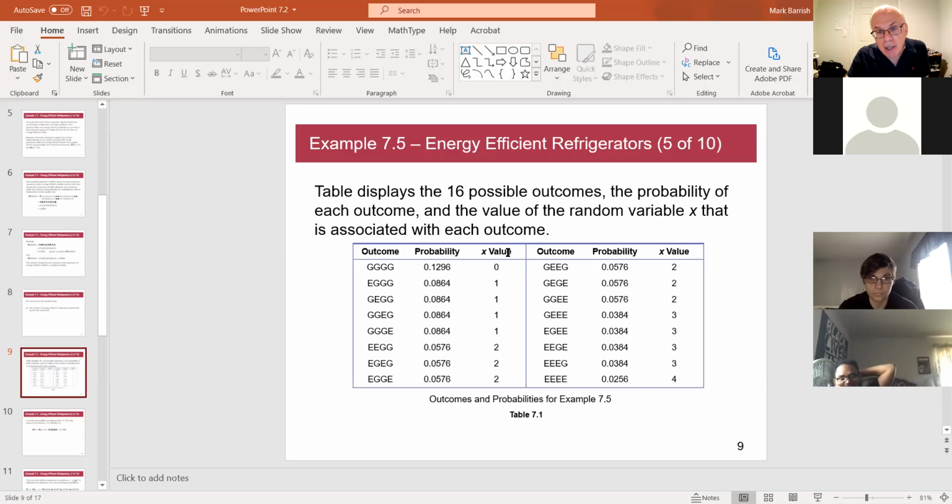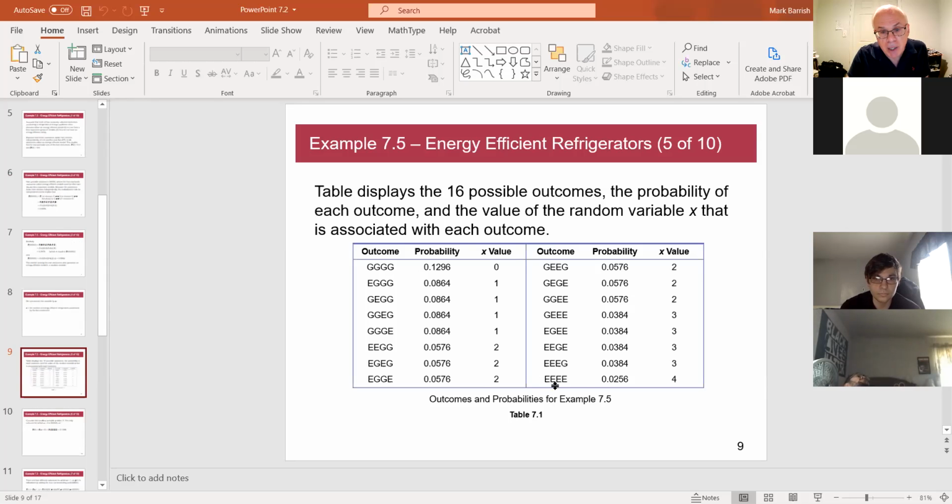However, the random variable x is not always different between all of these outcomes. There could be some that share the same value of x, because x is the number of energy efficient outcomes out of the 4. Well, certainly G, there's only going to be one of those, right? Only one possible outcome, which has all 4 of them selecting non-energy efficient.